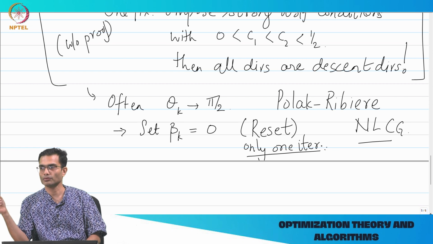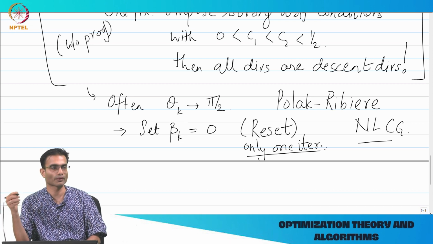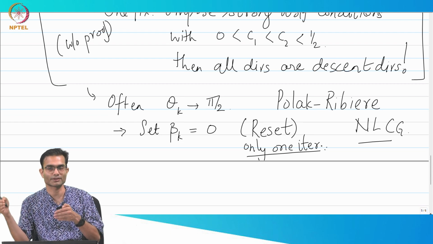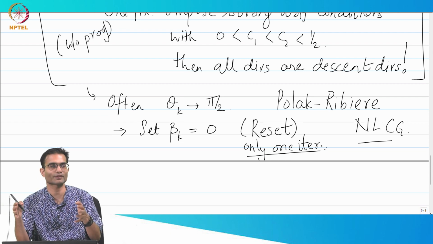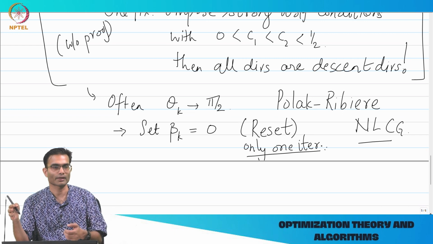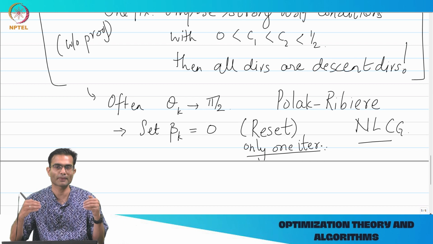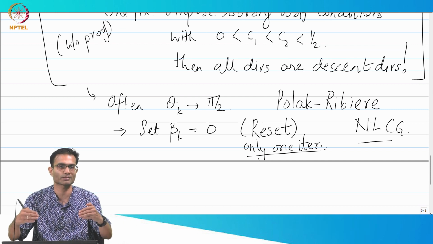It will be good if some of you can try to write a simple code for this. Take a nonlinear function. In fact, there are benchmark nonlinear functions available if you Google for it. Functions which are known to be very notorious nonlinear functions. People benchmark their nonlinear optimization methods against these.